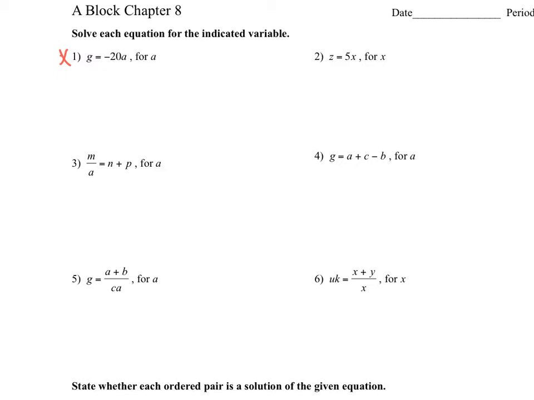You're going to divide by -20, and the reason we're dividing and not adding is because this does not say -20 plus a or -20 minus a. When two terms are together, it means that they're being multiplied.